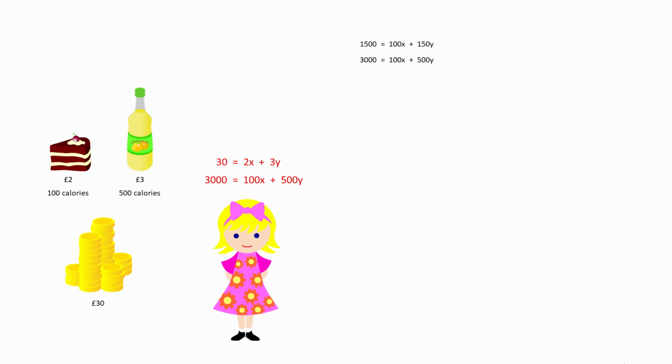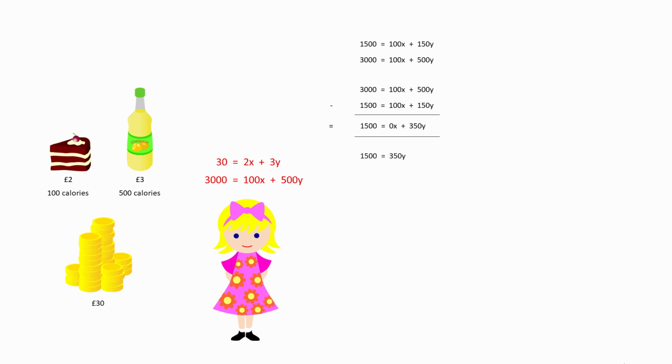She multiplies the first equation by 50 throughout, so that the x term is identical in both equations. Then she subtracts the first equation from the second, which eliminates the x term altogether. She could have subtracted the second equation from the first, but she realised she'll have fewer negative numbers to deal with if she does it this way around.